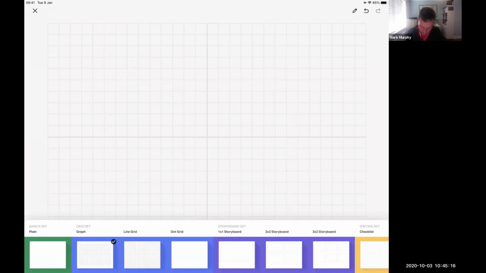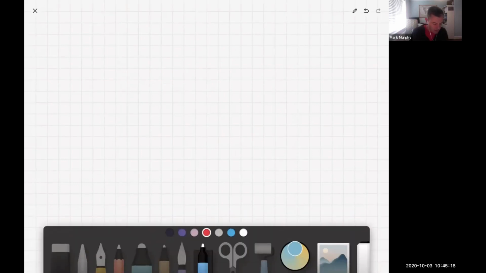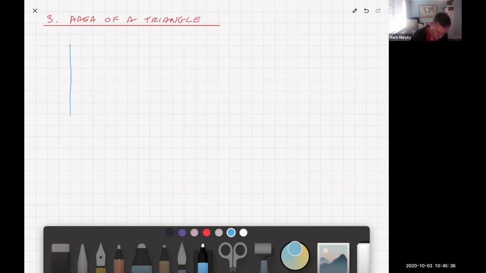So graph paper, line grid. So number 3 is area of a triangle. We have the y and the x-axis again.